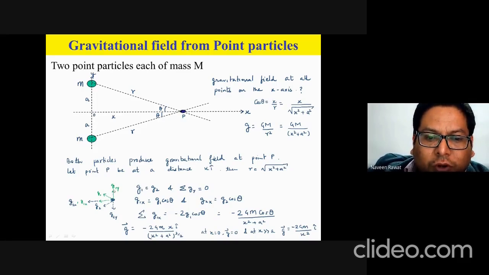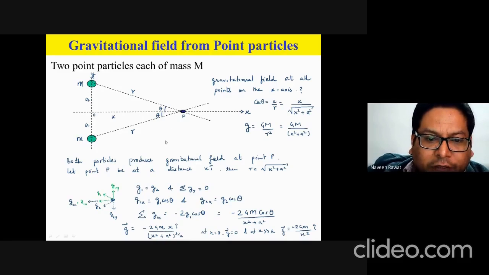Okay, so all you are left with is, because of the symmetry of the problem, both the components of the field pointing in the x direction. So you have one component pointing in the x direction because of the mass here, and one component pointing in the x direction because of the mass here. Okay, and so you can add those components up.